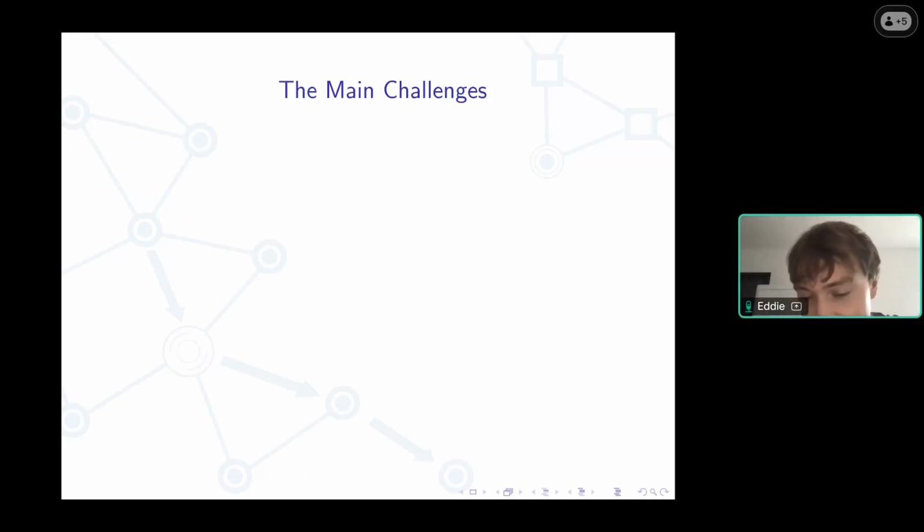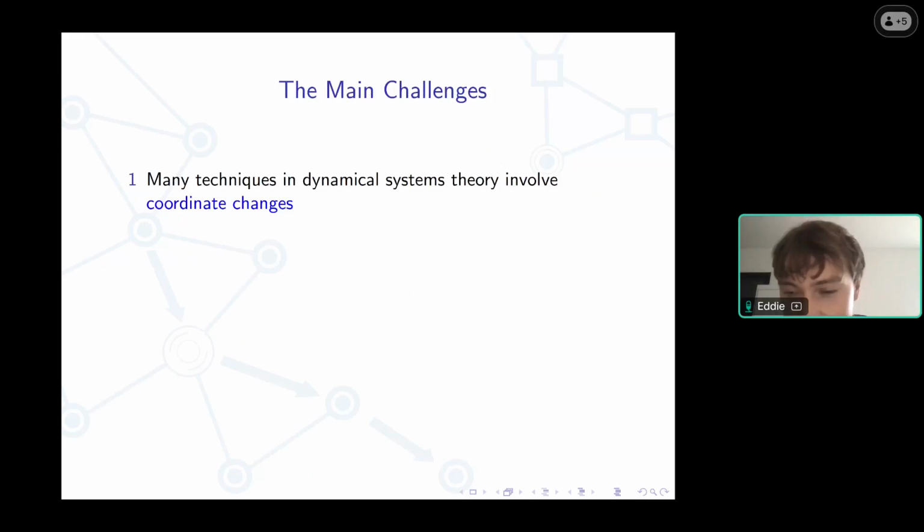But what is the main challenges? Well, from a very abstract level, when you look at bifurcation analysis and really many established techniques in dynamical systems theory, you will see that it involves coordinate changes. I mean, this should come as no surprise. If you're doing normal form theory, you're using coordinate changes to make your system in a nice form.